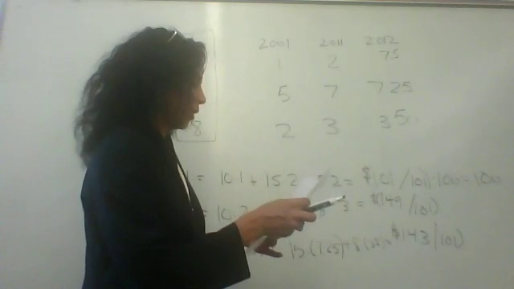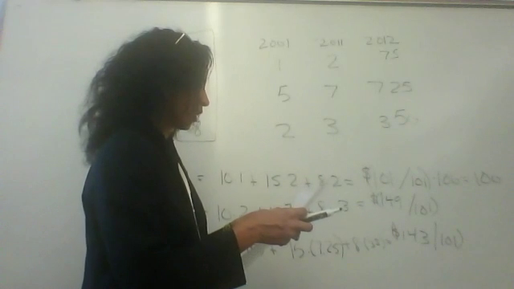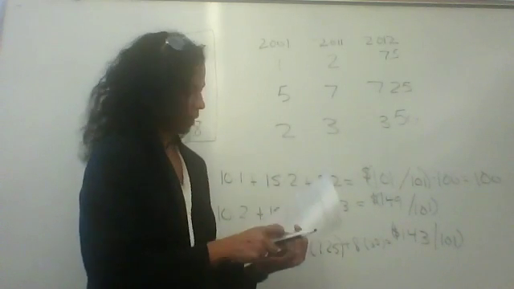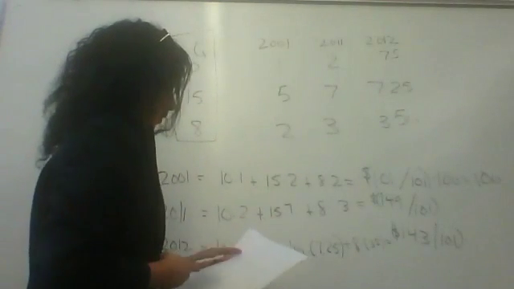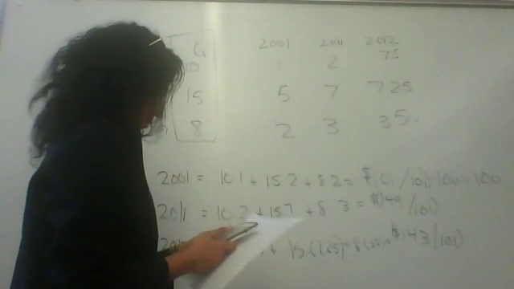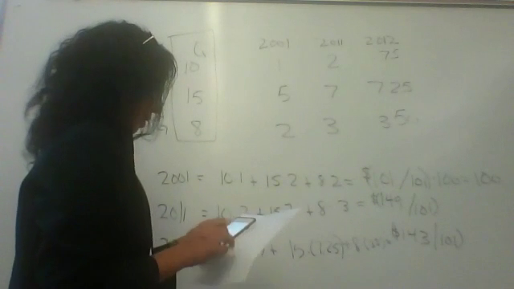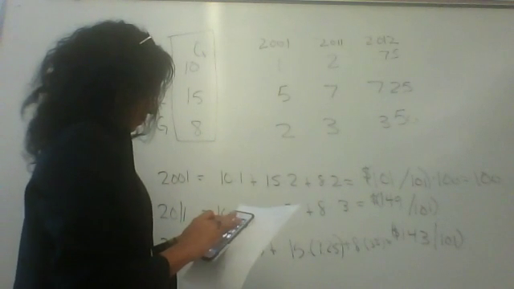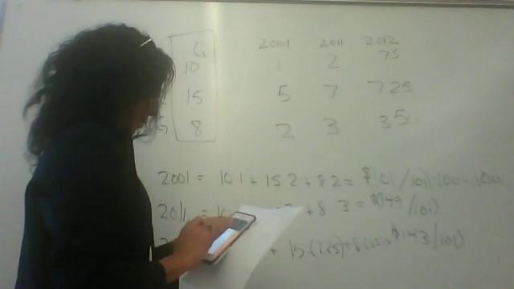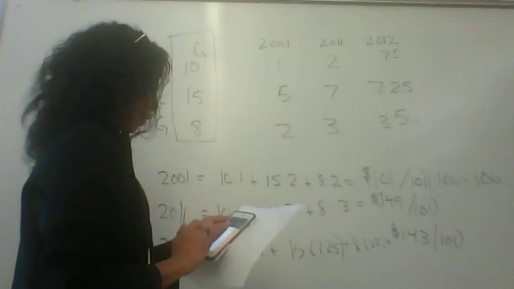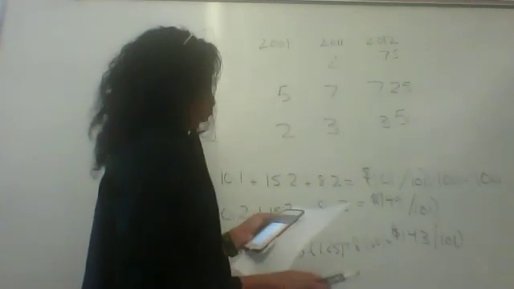149 divided by 101, all right? So if I have 149 divided by 101, let me get a calculator. 149 divided by 101 is going to give me 1.475.